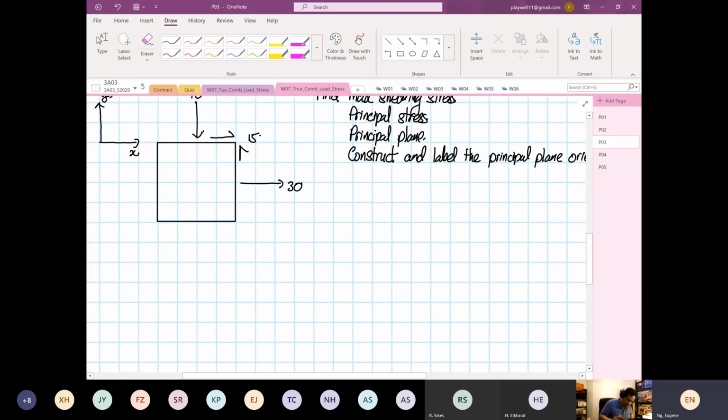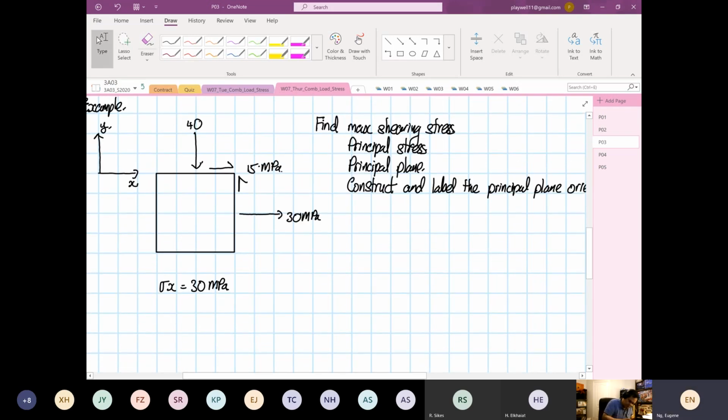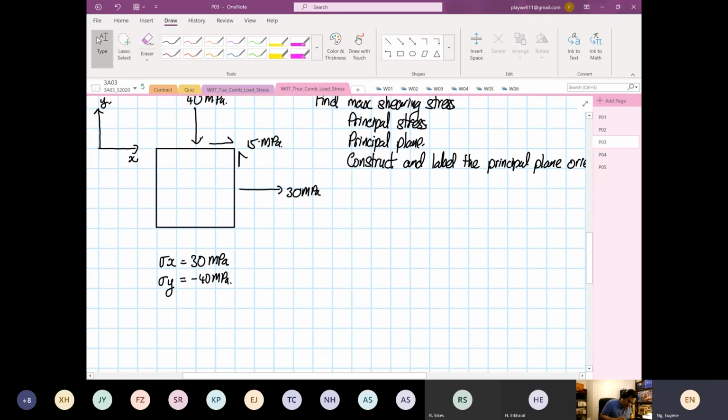Okay, so from here we know that stress X is equal to 30 megapascal. Okay, so all of them are megapascal. And then we know that stress Y is equal to minus 40 megapascal, and the shear XY is equal to shear YX, and it has positive shear of 15 megapascal.